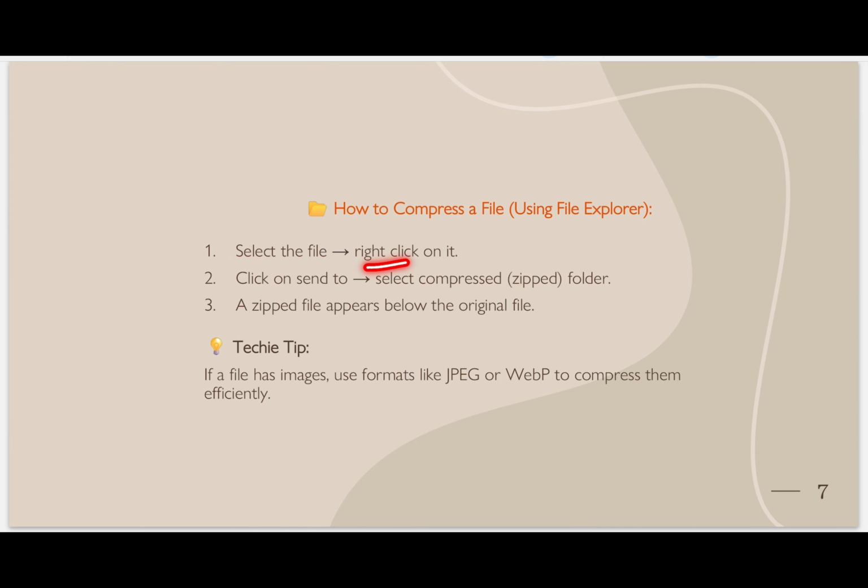Select the file, right click on it, then send to, compressed or in brackets zipped folder. A zip file appears below the original file. Below the original file means it is not converting the original file. It is first creating a copy of that file and then converting it into zip.